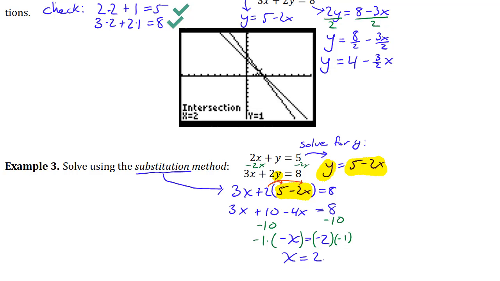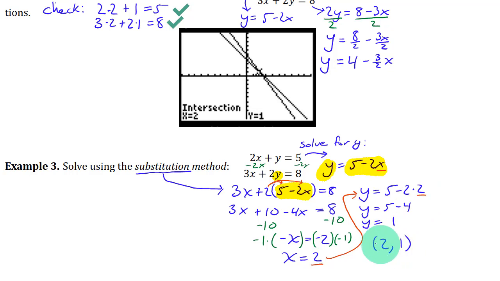And once you know that x is 2, you can then substitute this x in for this x here. And that's going to give you y equals 5 minus 2 times 2, which is 5 minus 4, which is, voila, we get 1. And so that means the solution is x equals 2, y equals 1.